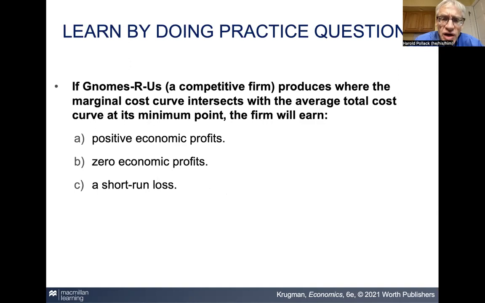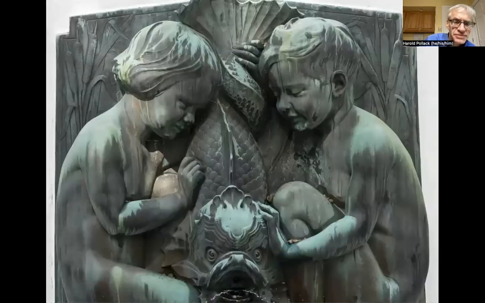So here, Gnomes R Us, a competitive firm, produces where the marginal cost curve intersects the average total cost curve at its minimum. So what's going to happen? Interesting example.